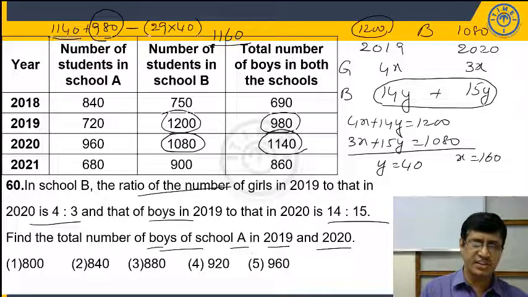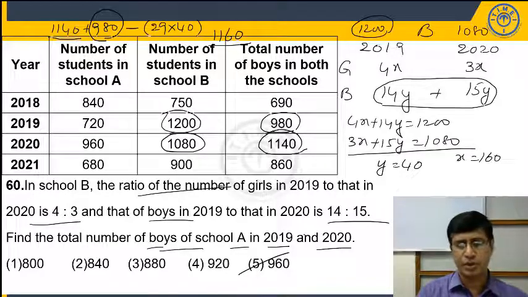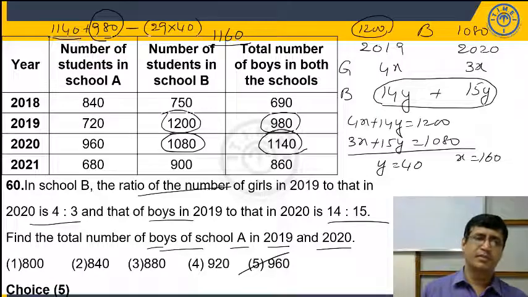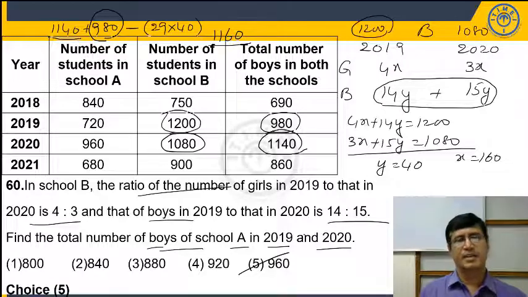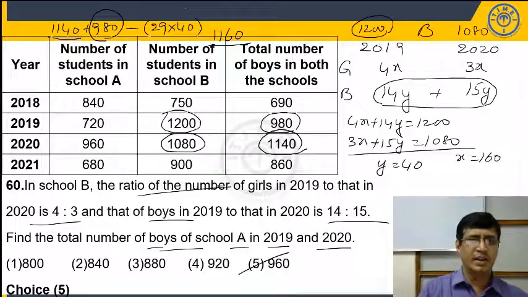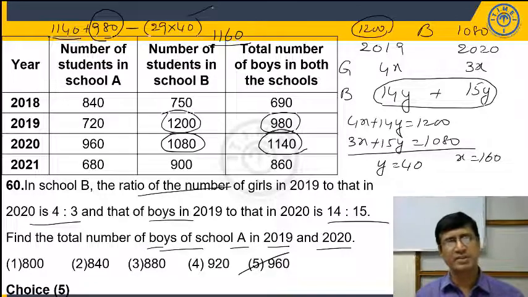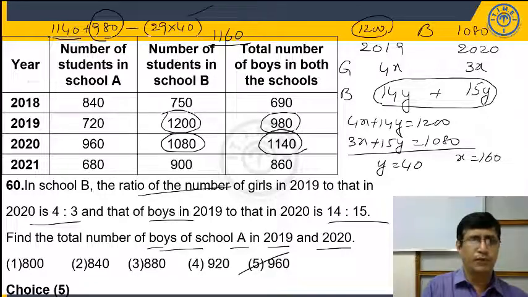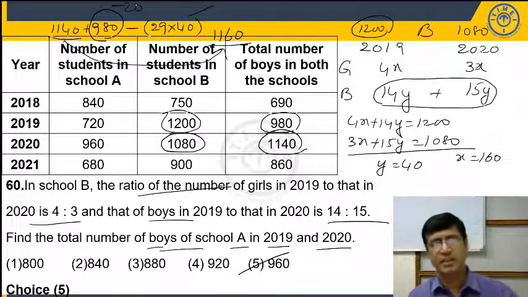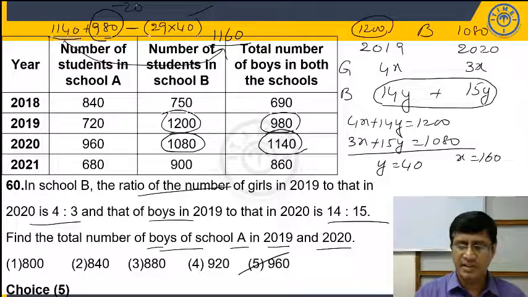So 960 is the answer, which means the right choice is option 5. The fifth choice is the right answer.